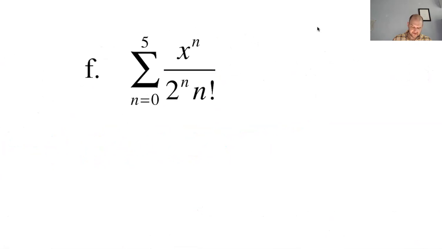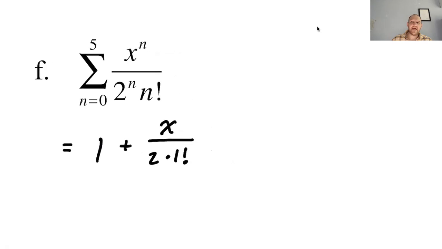So let's see if we can do this. You typically don't expand things like this though. So I'm going to write this is equal to, when n is 0, you get x to the 0, which is 1, over 2 to the 0, which is 1, and 0 factorial is 1. So you just start with 1, and then plus x to the first over 2 to the first, 1 factorial. You don't need to write 1 factorial, but because you're always pattern seeking, it's a good idea to do it.